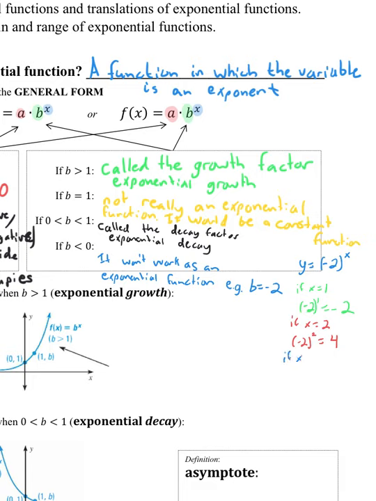If x equals 3, then you get -2 to the third power, and you'd get -8. So what happens if b is less than 0, which means it's a negative number, you're going to keep going negative, positive, negative, positive, negative, positive. It's going to flip back and forth. So it doesn't create an exponential function anymore.